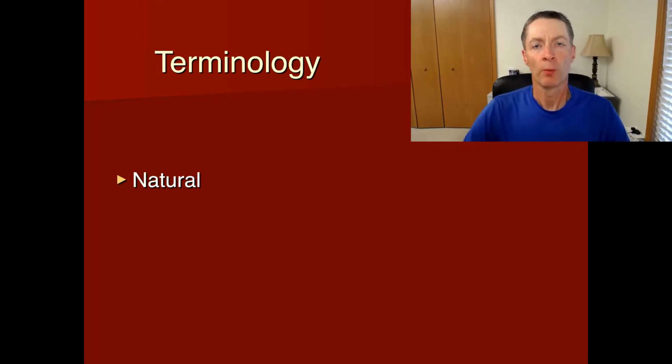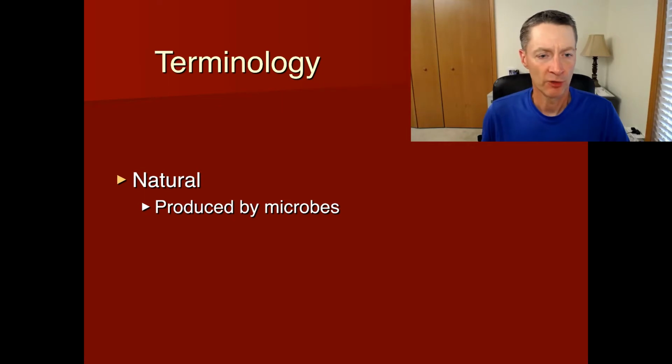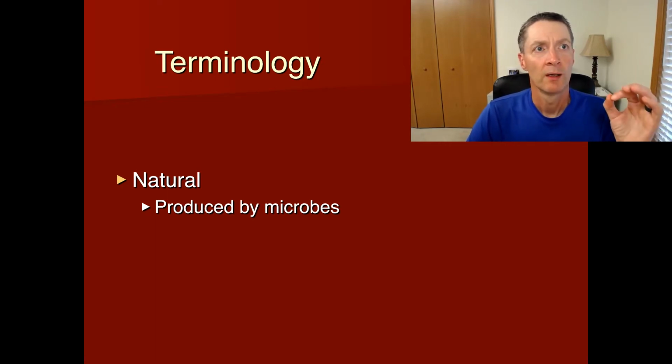Okay, so when we talk about antibiotics, we will refer to natural antibiotics at times. These are chemicals that are produced by microbes. We have to keep in mind that many of the bacteria we talk about contain plasmids. Some of them are bacteriocin or antibiotic plasmids.